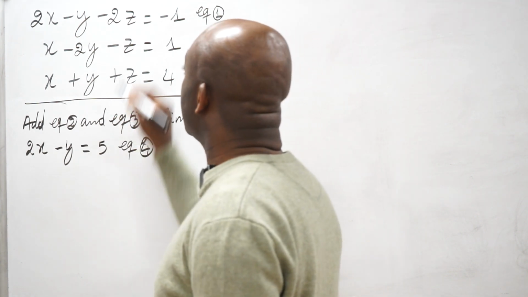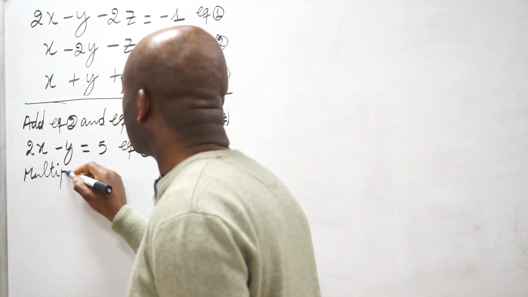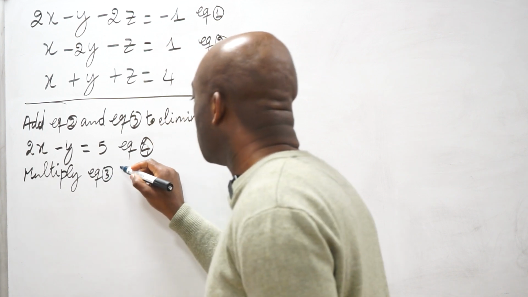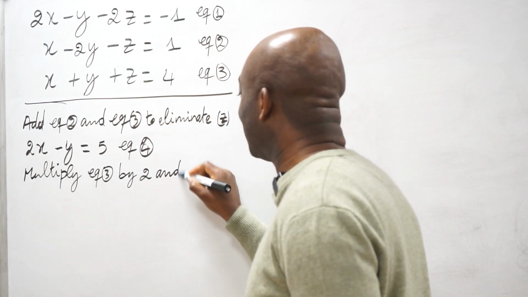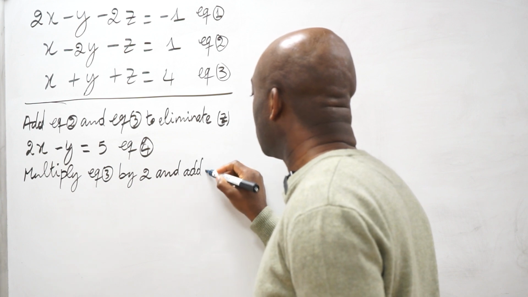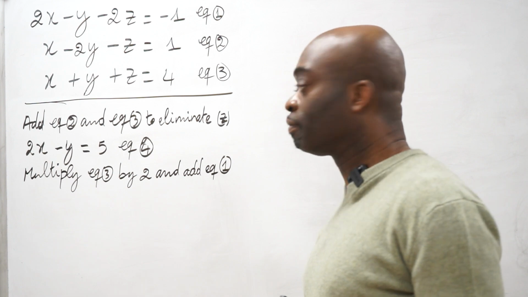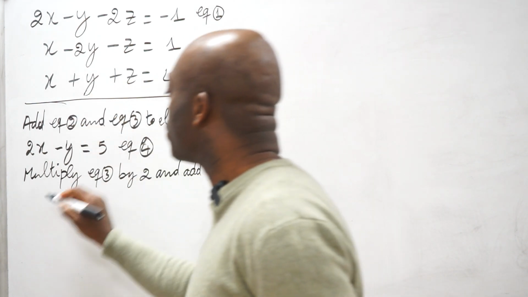Okay, so we just got to multiply equation 3 by 2. And then do what? And then add equation 1 to it. Okay, so that means when we multiply equation 3 by 2, what do we end up with?